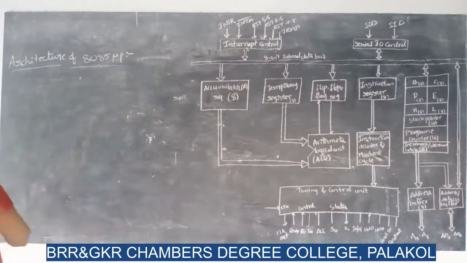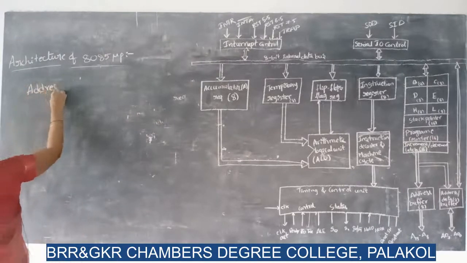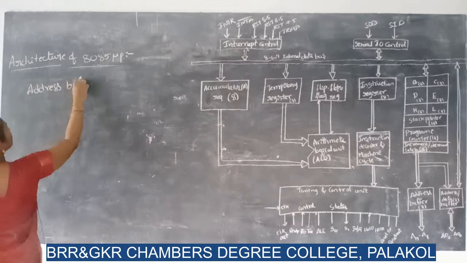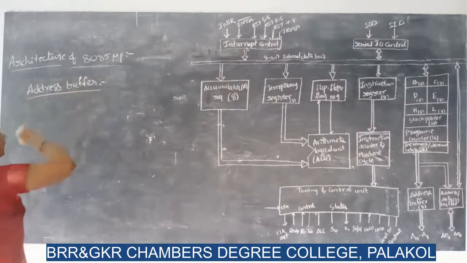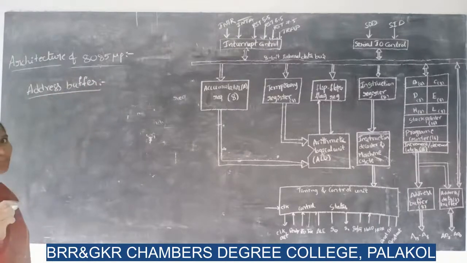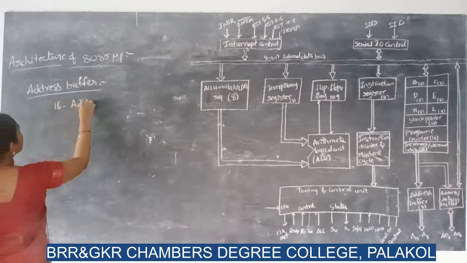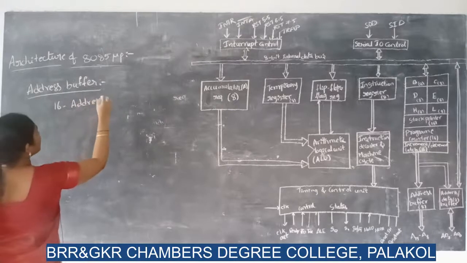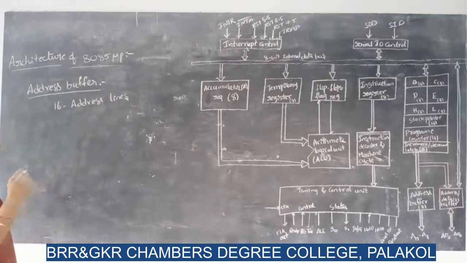Okay, so address buffer. An 8085 microprocessor has 16 address lines. These 16 address lines are divided into two parts.